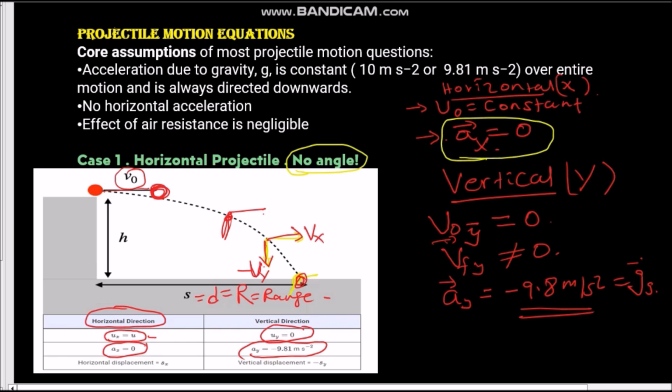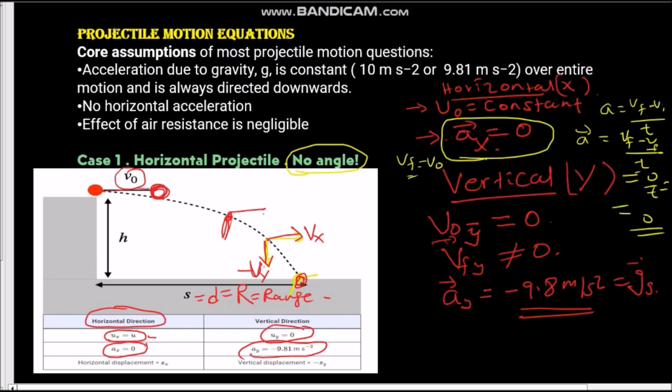Because when the velocity is constant, the acceleration is equal to v final minus v initial over t. Constant velocity means v initial is equal to v final, so v final minus v initial over t is equal to 0 over t, which is equal to 0. That's why for constant velocity, the acceleration is 0.